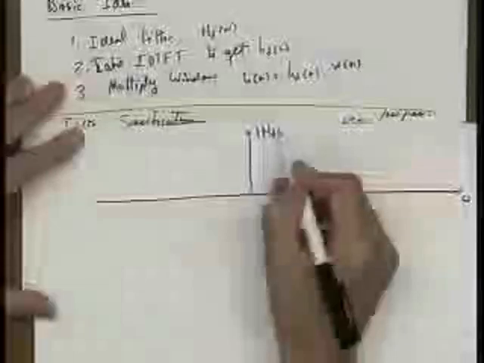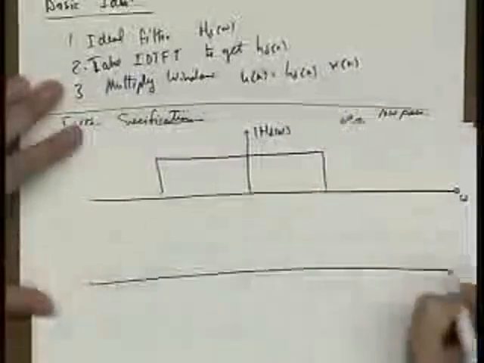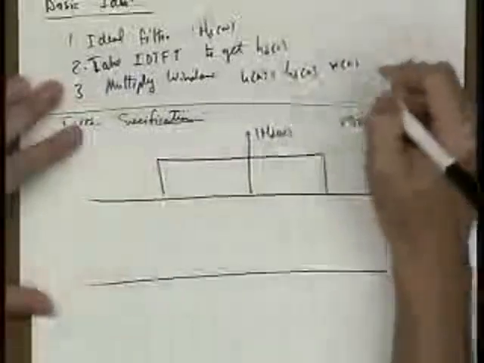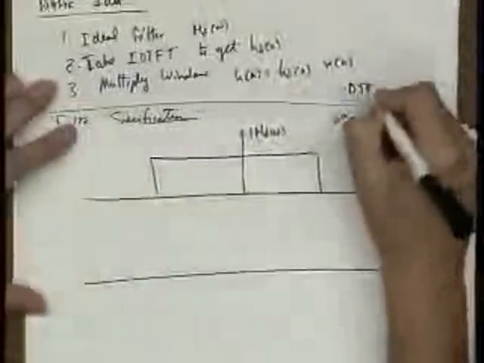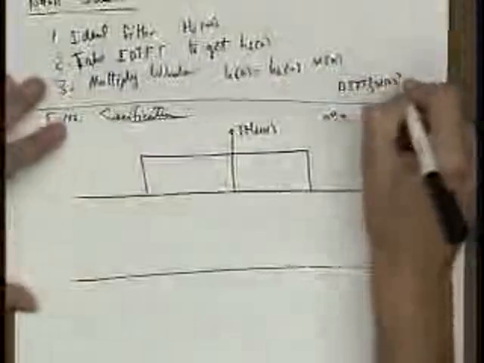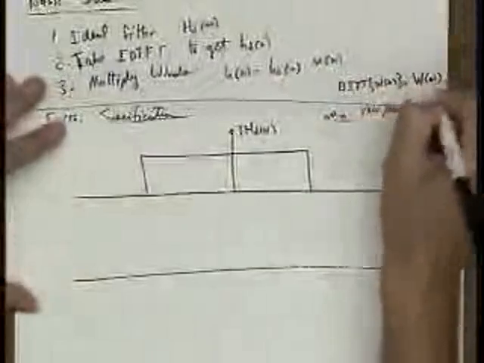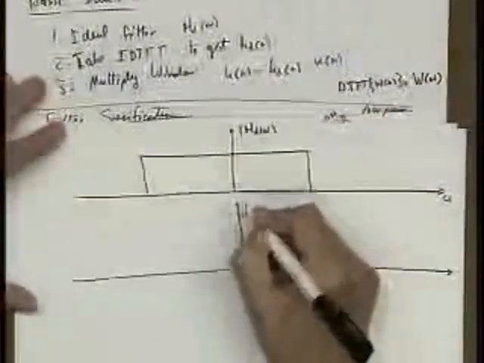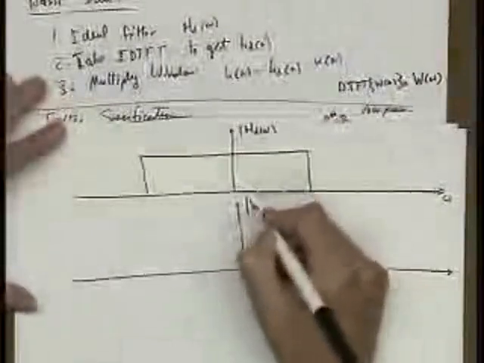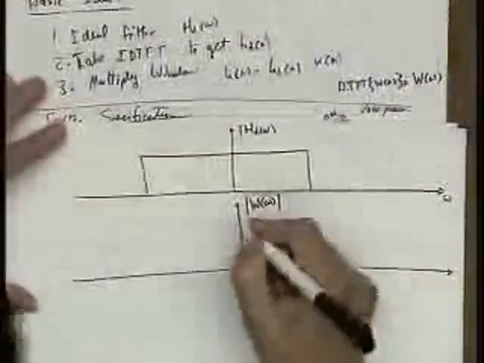Suppose that as a function of omega, my H sub d of omega looked something like this. It's some sort of a box function. And suppose that I have the discrete time Fourier transform of w of n, which I refer to as W of omega, and suppose that the magnitude of W of omega looks like this.